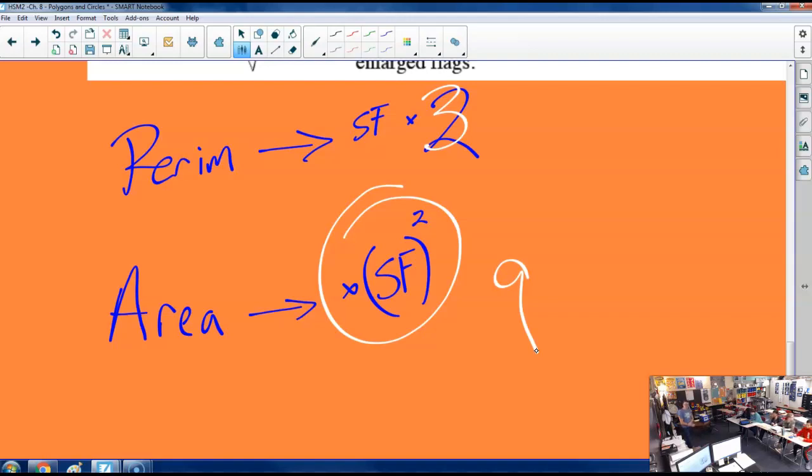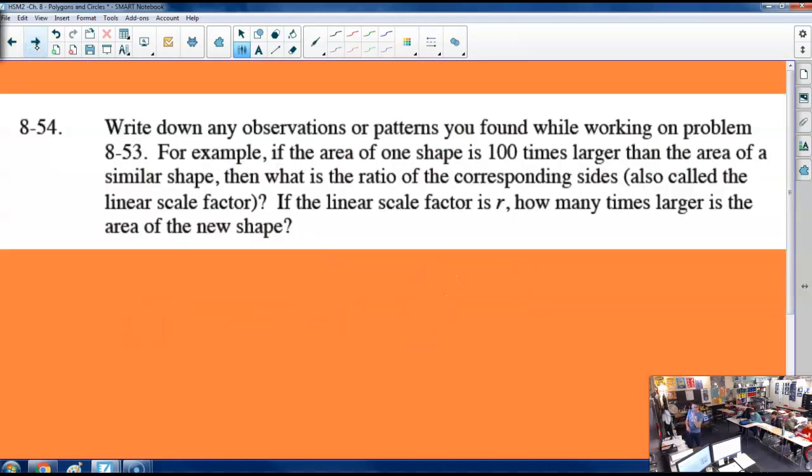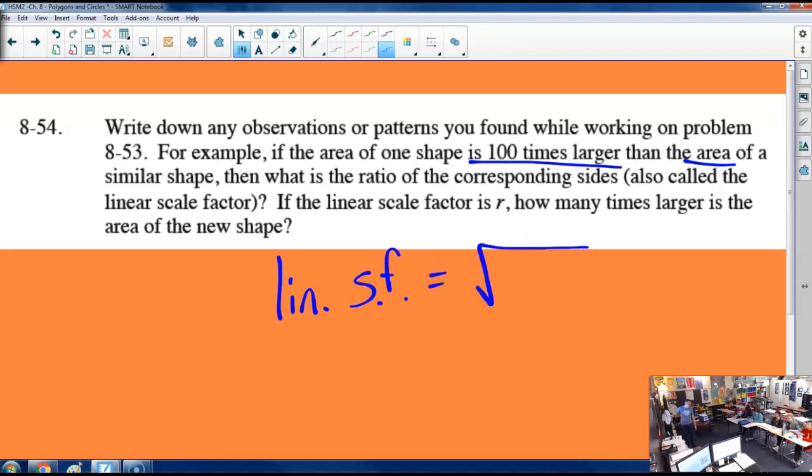So if the area got 100 times the original, well, then your linear scale factor is 10, because your linear scale factor is the square root of the area scale factor.